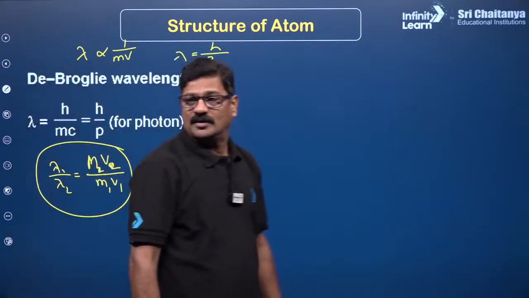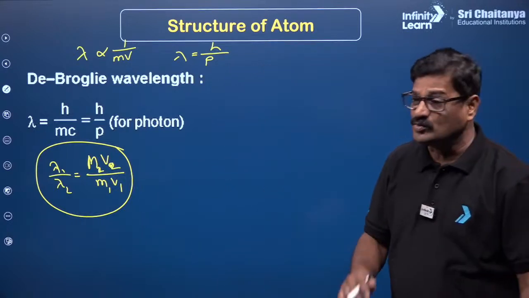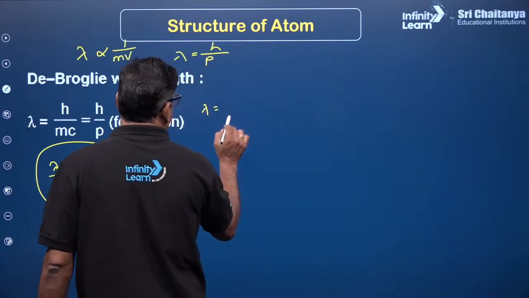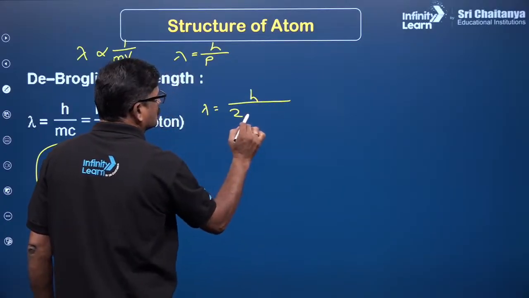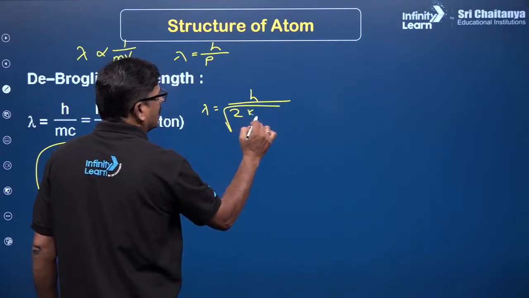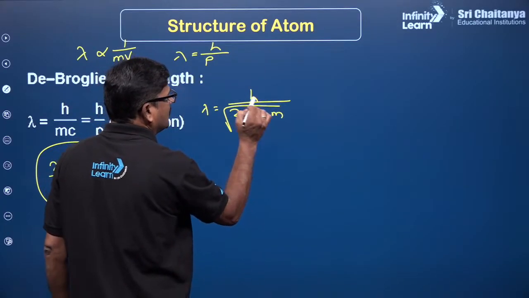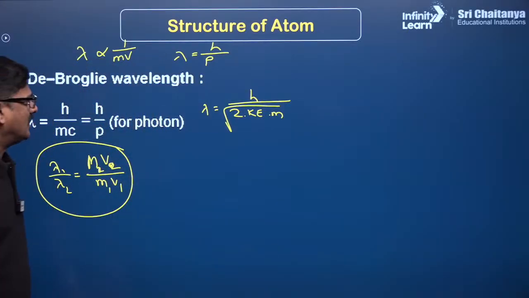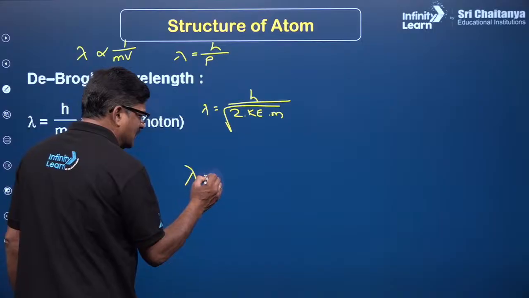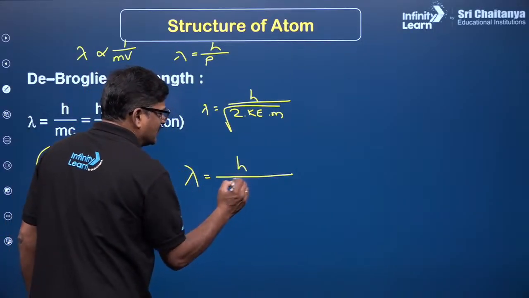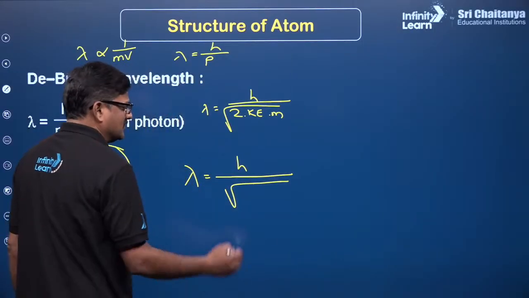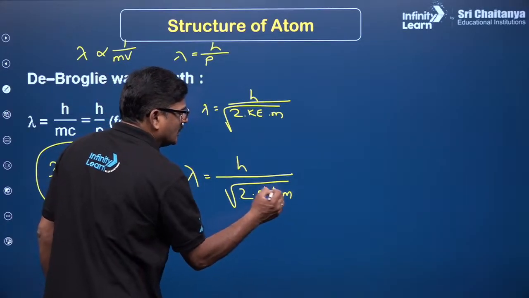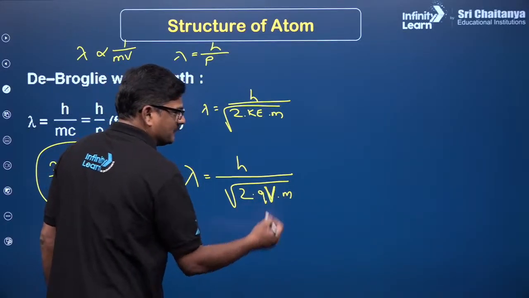Also, if a particle is moving with a kinetic energy, lambda is equal to h by root 2 KE m. K is the kinetic energy, m is the mass of the particle. Also, if a particle is accelerated by applying a potential, it is h by root 2 qVm, where V is the accelerating potential.